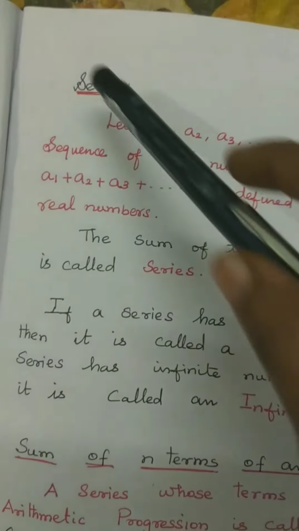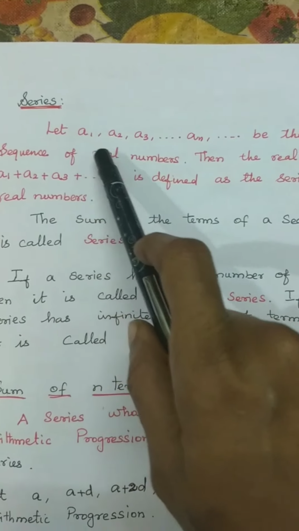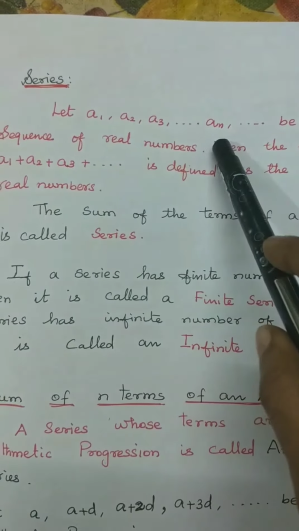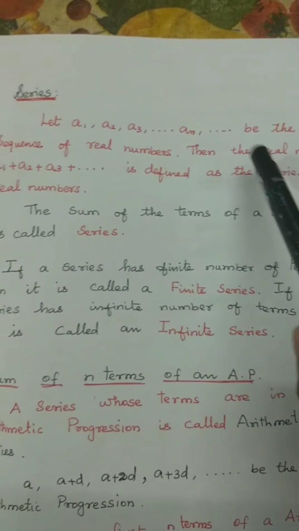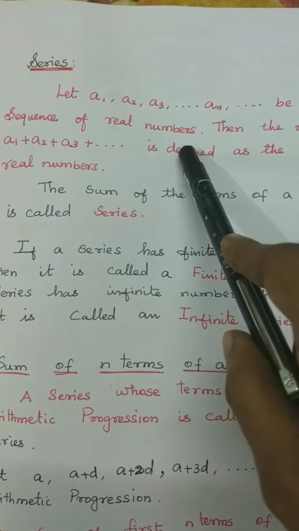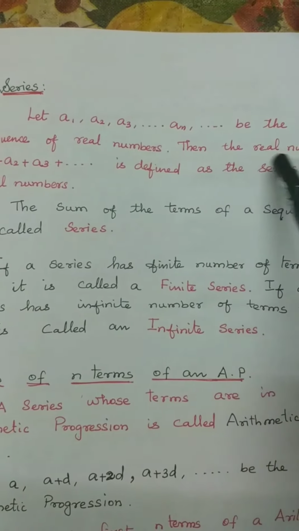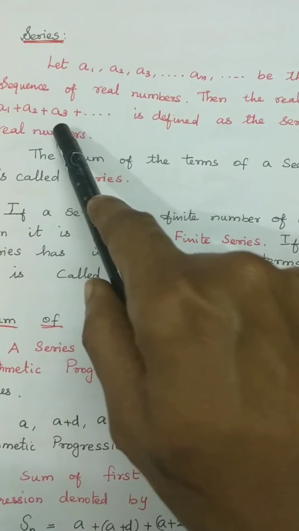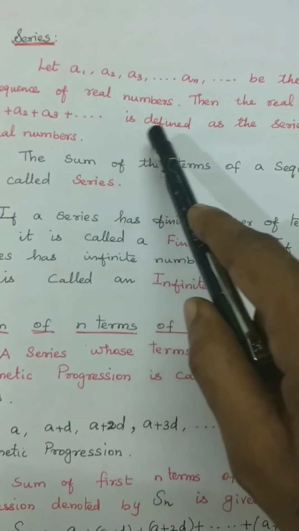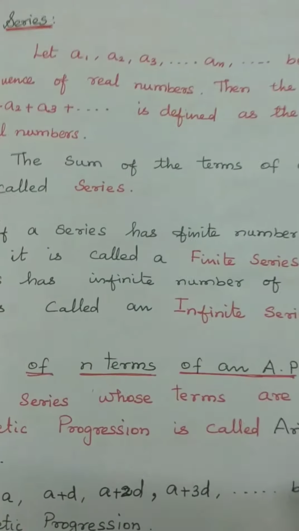Okay. Today we'll see the series. Sequence means A1, A2, A3, A4, and so on, up to N, AN, and so on, be the sequence of real numbers. Then the real number A1 plus A2 plus A3 plus and so on is defined as the series of real numbers.